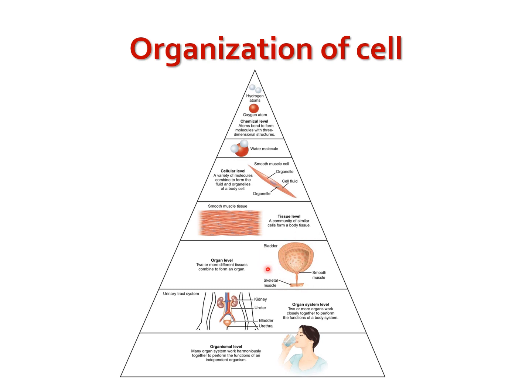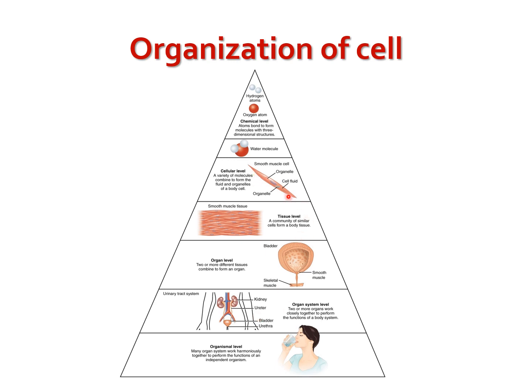Here we have the example of the urinary bladder, which is made up of smooth muscle as well as skeletal muscle. A group of organs together forms a system. Here we have an example showing the urinary system or excretory system.